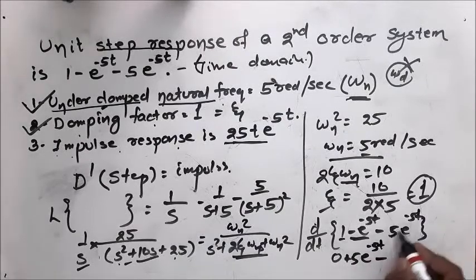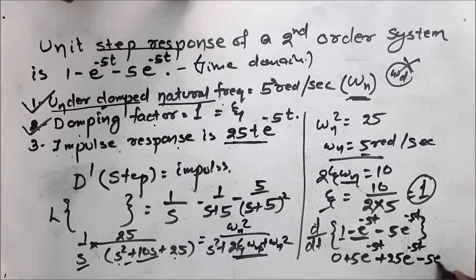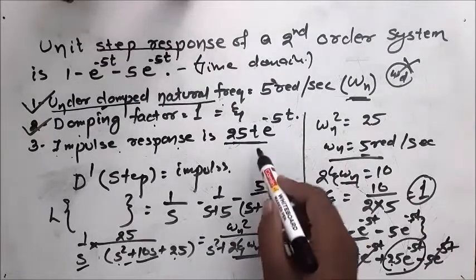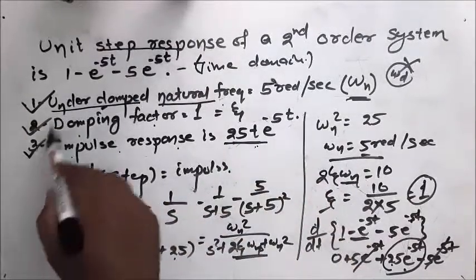So here 5 into 5, 25, plus 25t e to the power minus 5t, and for the other one we get minus 5 e to the power minus 5t. So these two cancel out. So the impulse response is 25t e to the power minus 5t. So option 3 is correct.